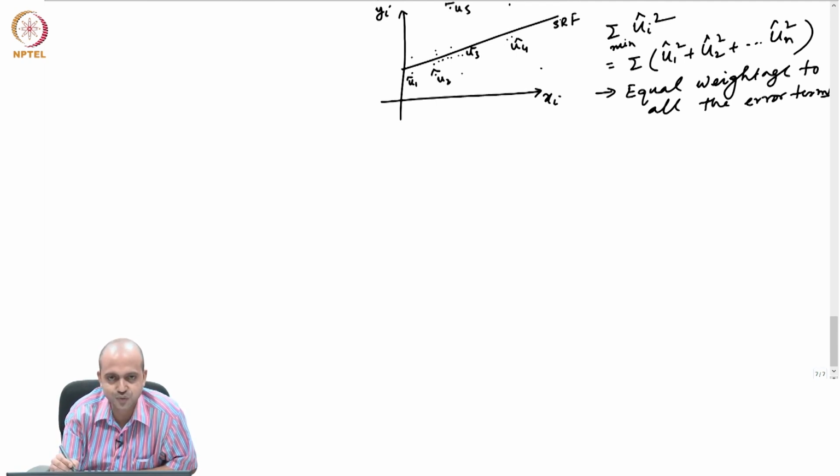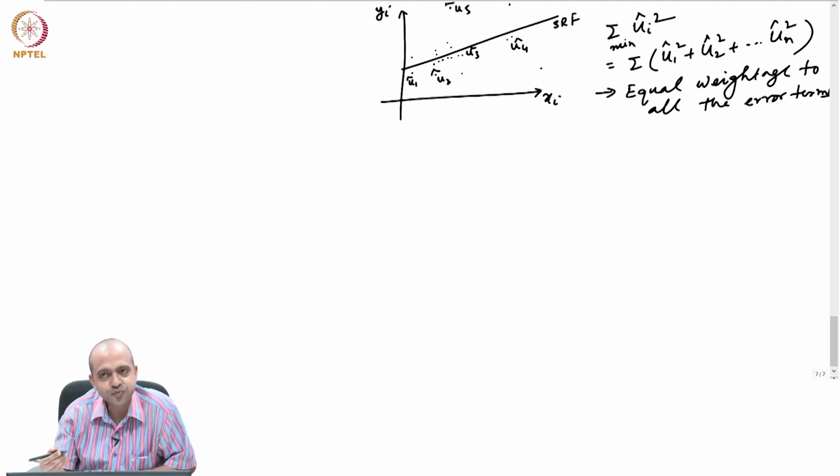But when I am minimizing by taking the summation, even though this point is much farther from the line and contributed very little, when I square it, it gets more significance, more importance, and u5 hat square basically dominates u1 hat square, u2 hat square.